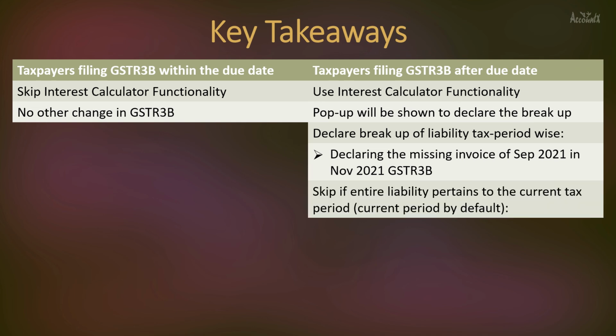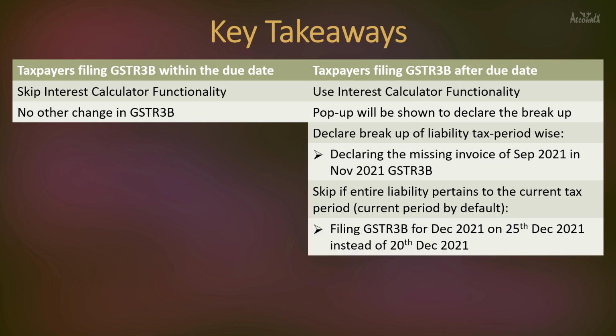You may skip to declare this breakup if the entire liability pertains to the current tax period, because by default the liability would be considered as liability for the current period. If you are filing your GSTR3B for December 2021 on 25th December 2021 instead of 20th December, then you may skip to declare the breakup, in which case the entire liability would be considered as liability for December 2021.